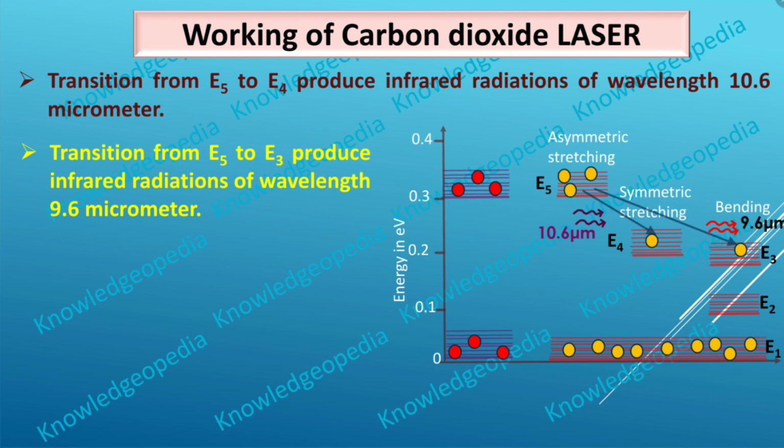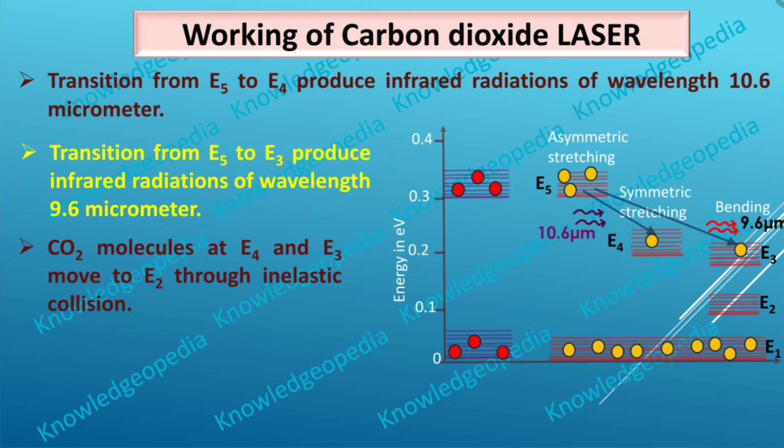Now the carbon dioxide molecules have traveled from E5 to either E4 or E3. So what will happen to these molecules? Here the lifetimes are very short, so they will move to E2. The carbon dioxide molecules at E4 and E3 move to E2 through inelastic collisions.